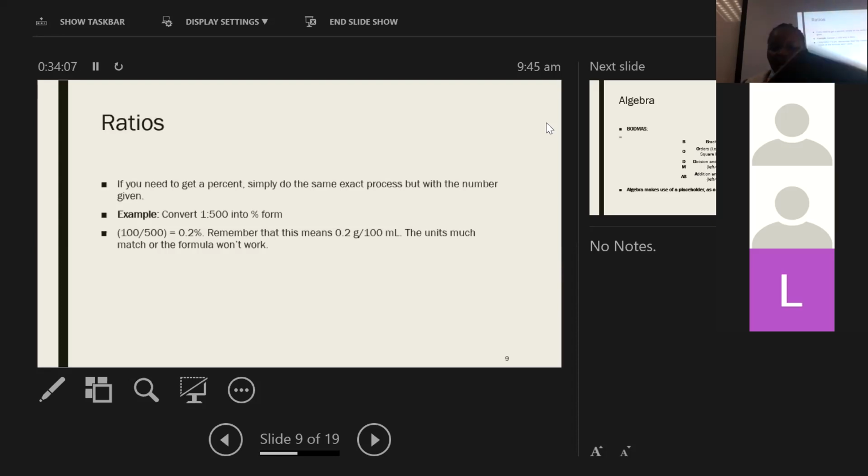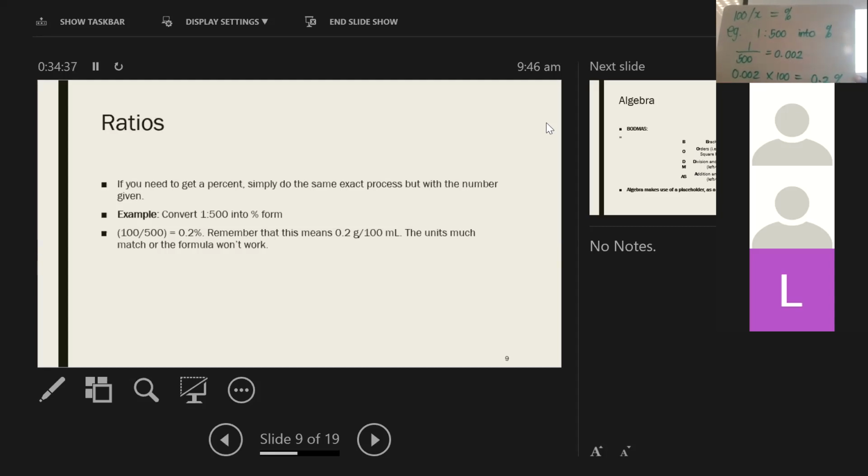Okay, I'm going to show the guys on Zoom now. Is that visible? I hope everybody can see. So it says there 100/x equals percentage. The example on the presentation says write 1 of 500 into percentage form. So 1 of 500 basically means 1 divided by 500.